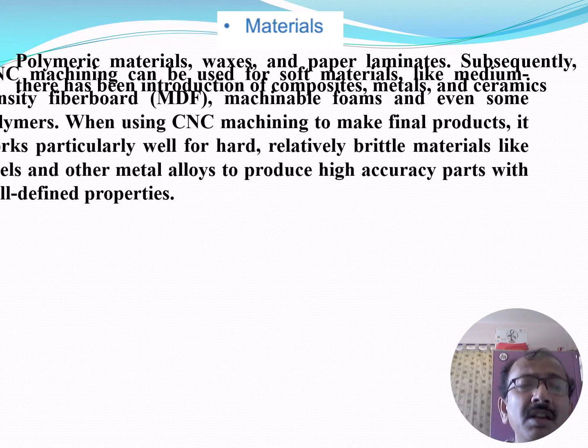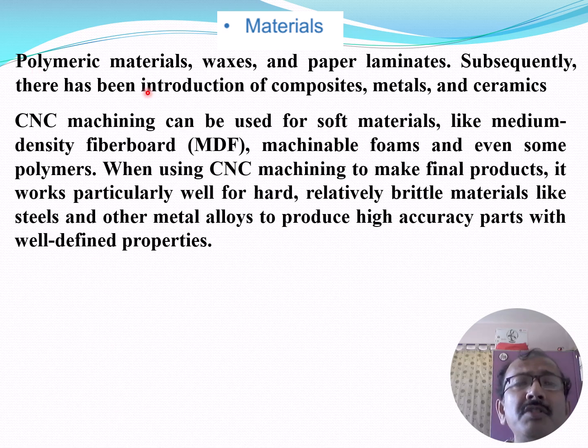Now, what are the materials used? The polymeric materials, wax, paper, laminates. Subsequently there has been the introduction of composite materials, composite metals and ceramics. A CNC machine can be used for soft materials like medium density fiberboard, machinable foams, and even some polymers.